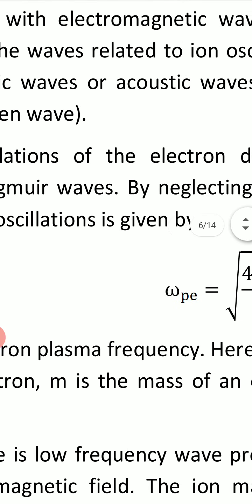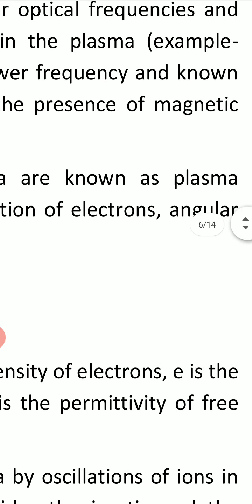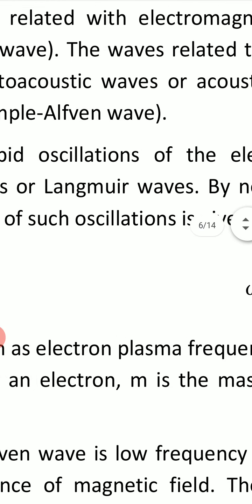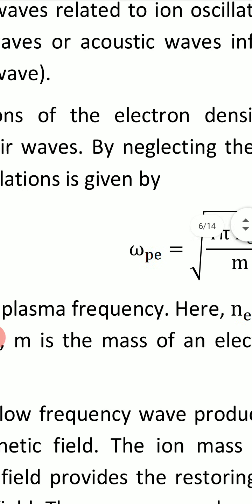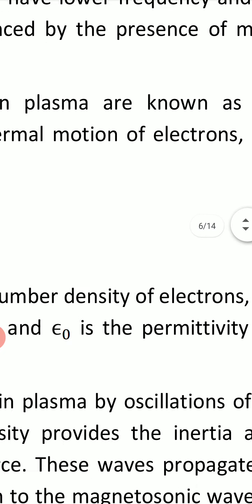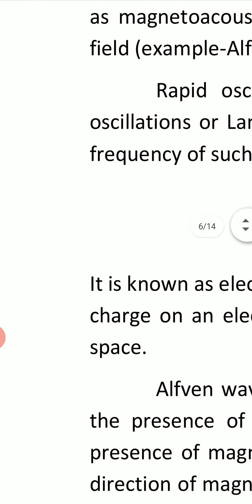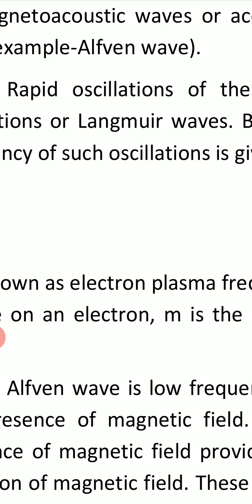The waves related to ion oscillations have lower frequency and are known as magneto-acoustic waves, or acoustic waves influenced by the presence of a magnetic field. Example is Electron wave.